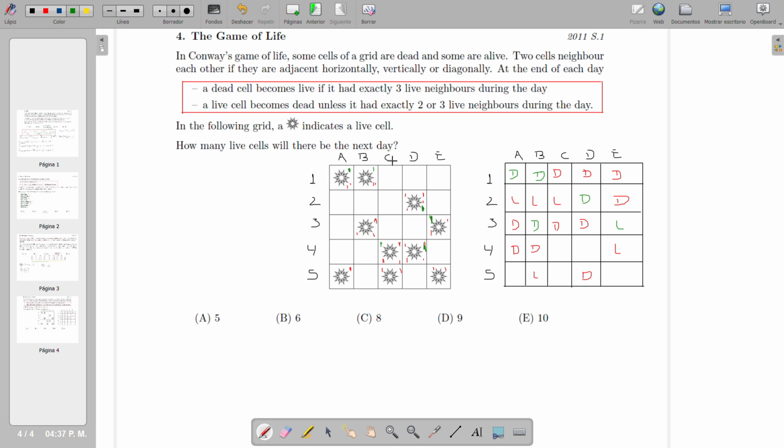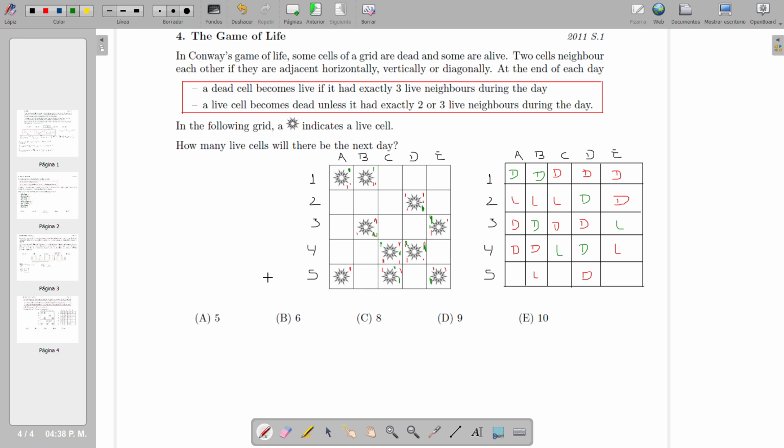So cell C4, which is this one, has 1, 2, and 3 live neighbors, so this cell will be live. And let's pay attention to what happens with cell D4, because it has 1, 2, 3, and 4 live neighbors, so that means that cell D4 will be dead by next day.